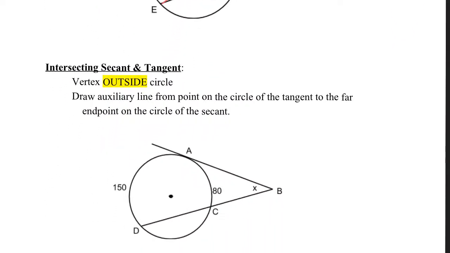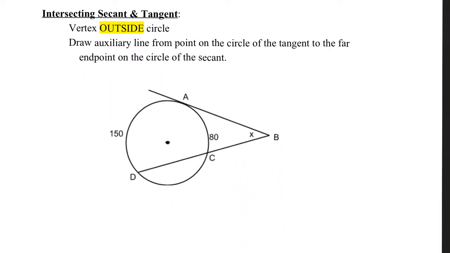Alrighty, last one here. We've got intersecting secants and tangents. Again, this one you just want one auxiliary line to create one triangle. And we're going to go from the tangent point to the far secant point. Okay, so we've created our triangle DAB.